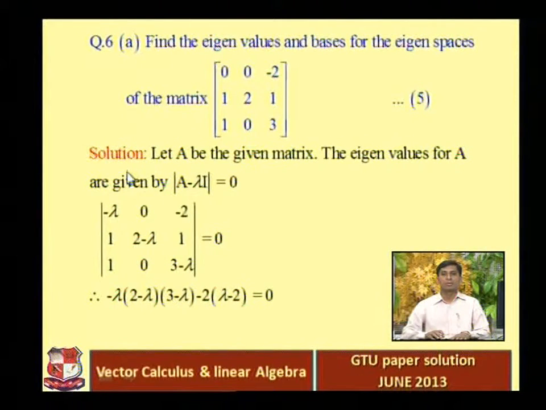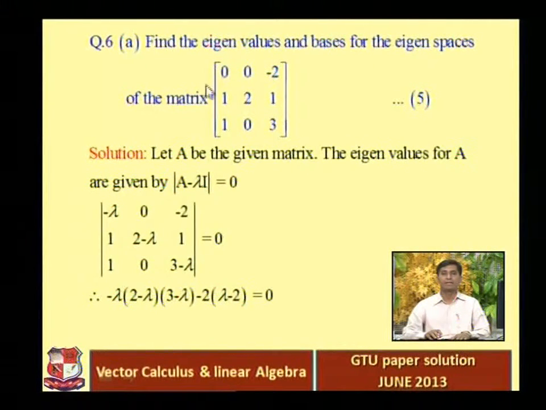Here is the solution. Let A be the given matrix. The eigenvalues of A are given by determinant of A minus lambda I equal to 0. For A minus lambda I, we have to add minus lambda in the main diagonal entries.